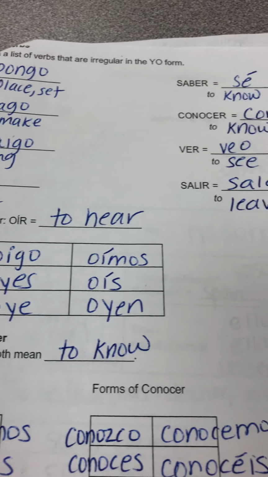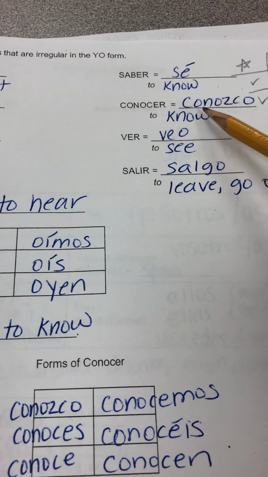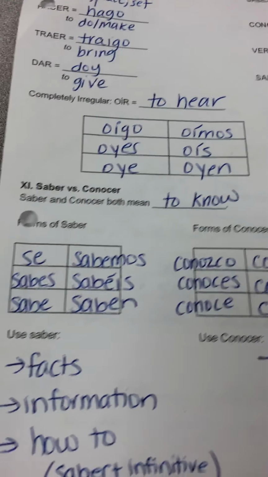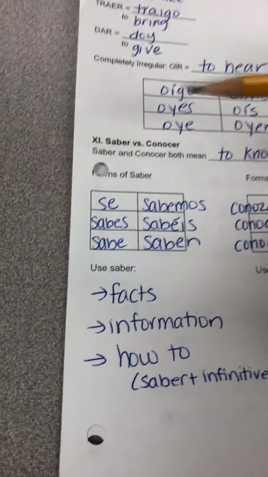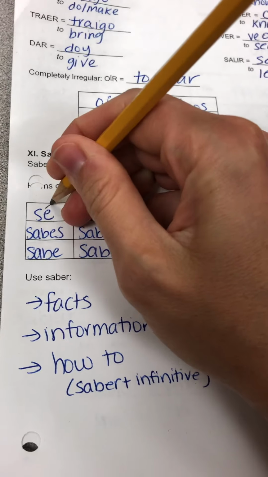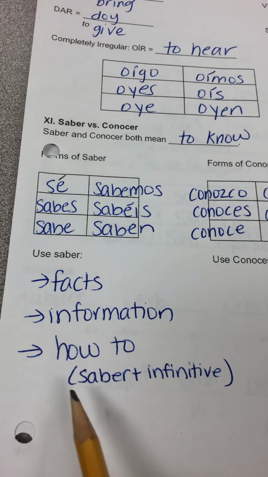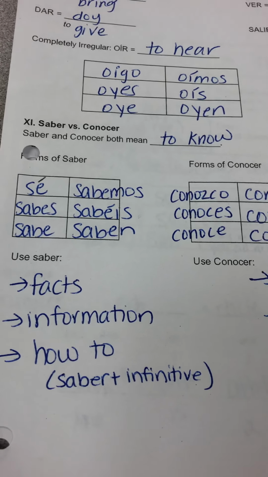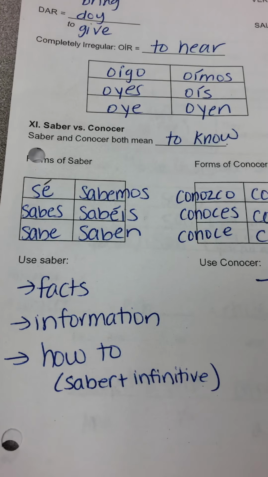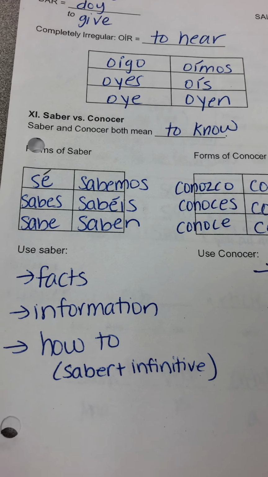So up here you're wondering, saber and conocer both mean to know, which one do I use? Well, here you go. Saber, you use for facts, information, or how to. For example, I know the date, that's information. Or I know how many stars are in the flag of the United States, that's facts.